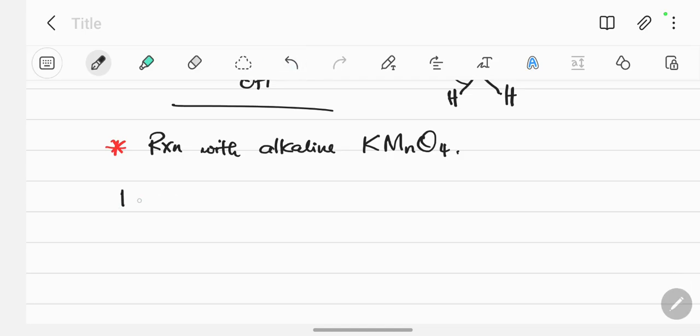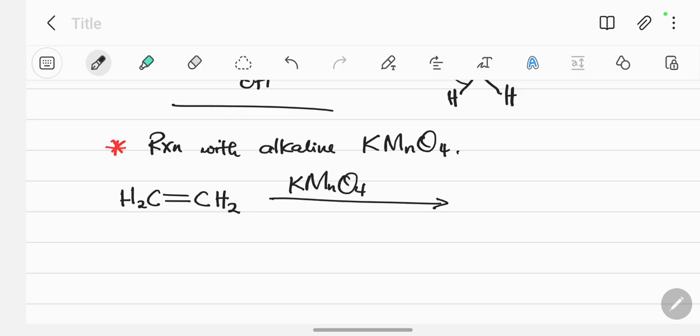H2C double bond CH2, and potassium manganate 7 aqueous. Then add in OH there. What does it give you? It gives you a diol.